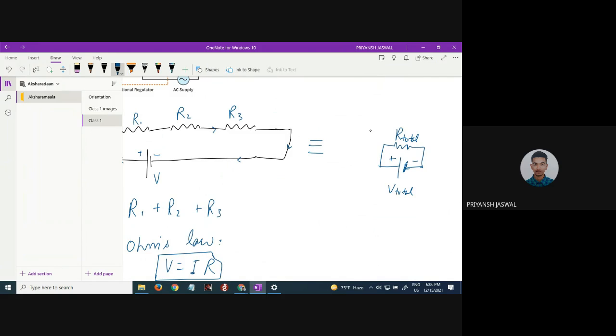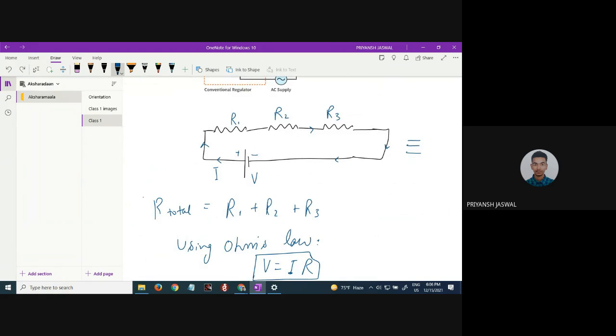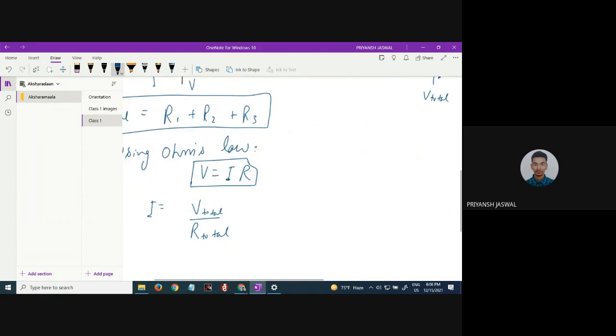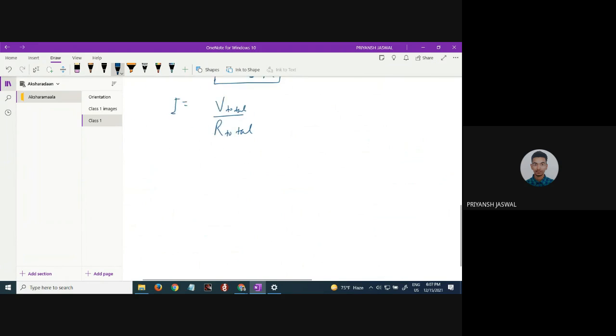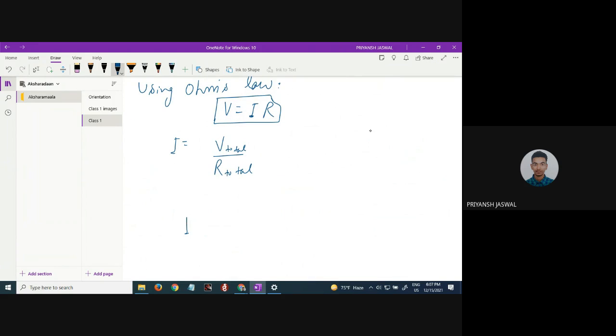So V total will be nothing else but V only, because there is only one battery in this circuit, and R total by this formula we can see is R1 plus R2 plus R3. So I will be nothing but V by R1 plus R2 plus R3.